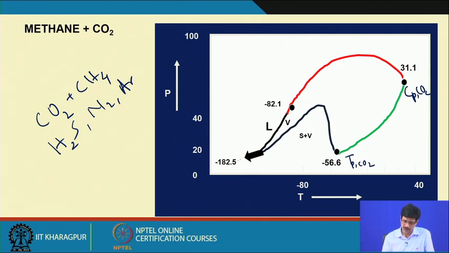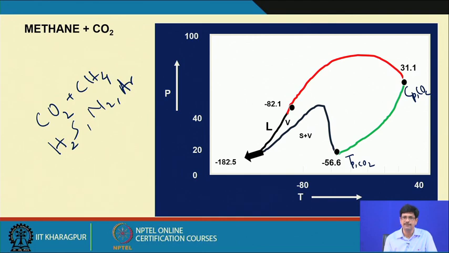So this one, the black one, is a similar curve for methane. Methane is a gas whose triple point is about minus 182.5. As you can imagine, when we are using devices where the temperature can be brought down only to a level of minus 196, it is not possible, for reasons which I will explain later, to obtain the triple point of methane.